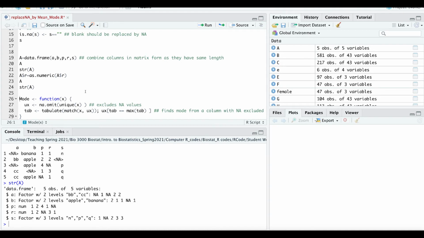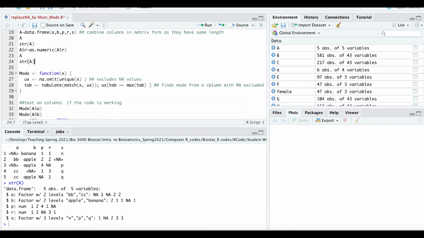There are so many other ways that people use, but that is more advanced level, where they predict the values from other column values and then replace. What I'm going to do here is replace the NA values in the factor columns by mode, and the NA values in the numerical columns by the mean.